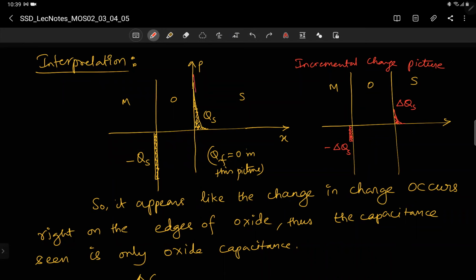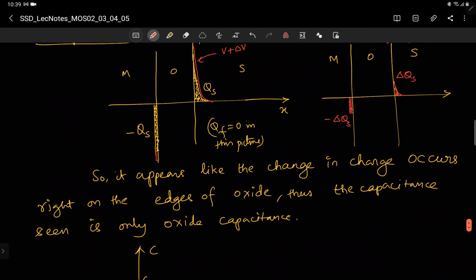Holes will accumulate further like this, and then this also increases. So this is for V plus delta V. Now the difference in area gives you the incremental charge delta QS, and the difference between the red and yellow lines gives you the change in charge, minus delta QS.